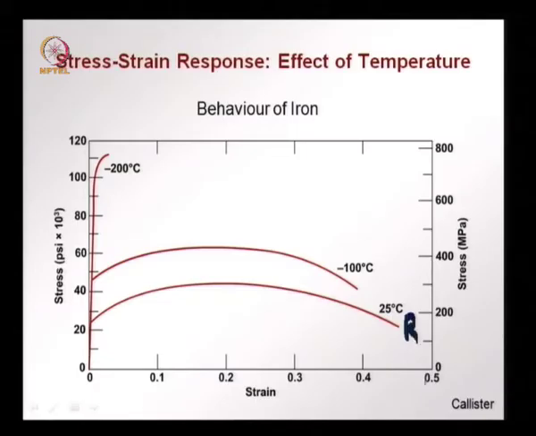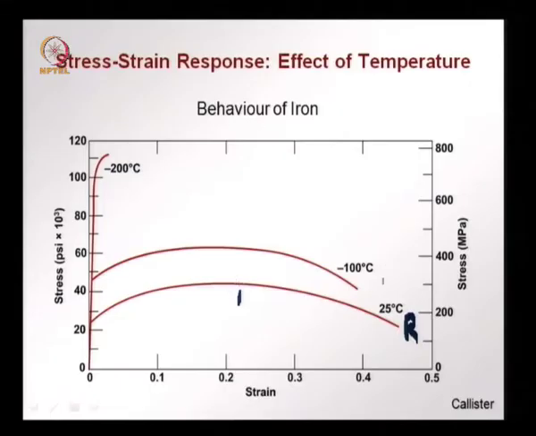We find that there is a certain yield stress at around 200 megapascal, then afterwards there is substantial elongation. With hardening we reach a peak around here, and then there is what is called necking, and then failure. So, the neck would form around where the peak value is.